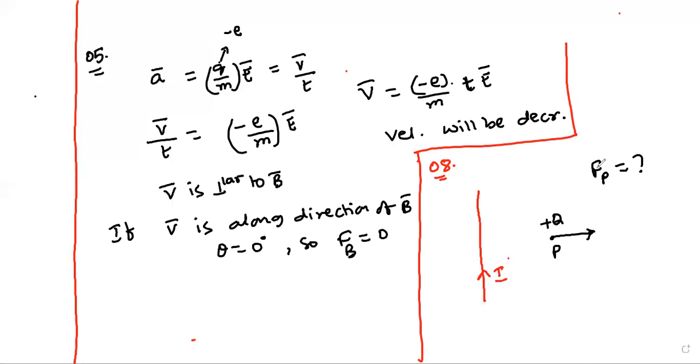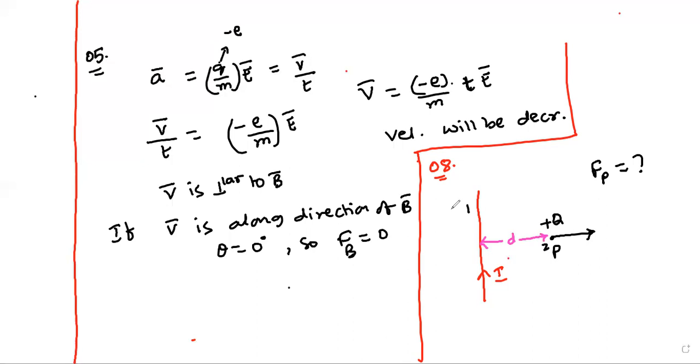Firstly, here we are having, suppose this is conductor 1, here it is 2. Let us consider this distance as D.